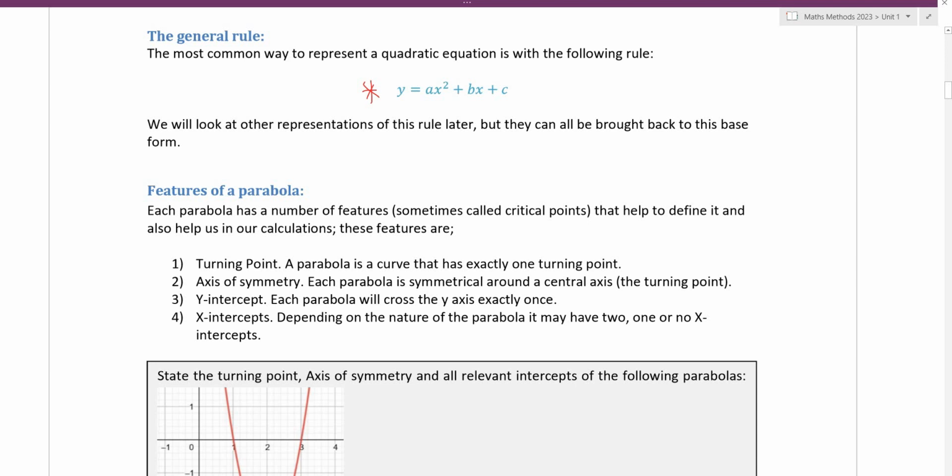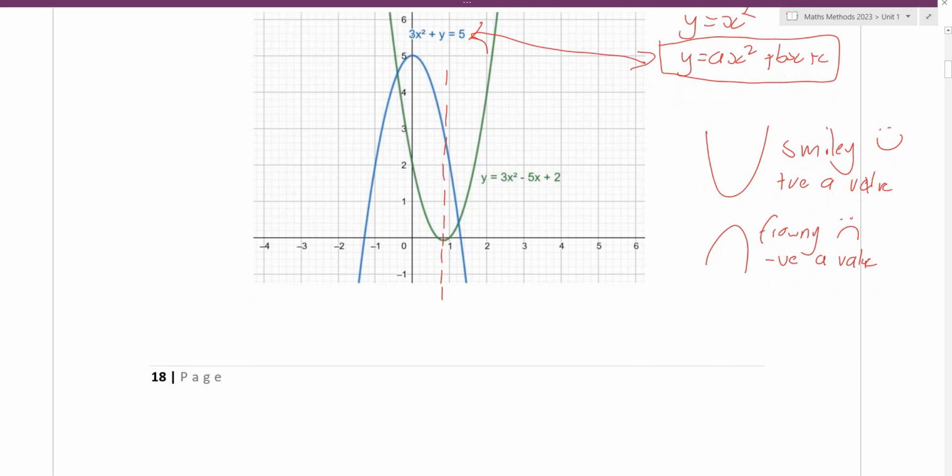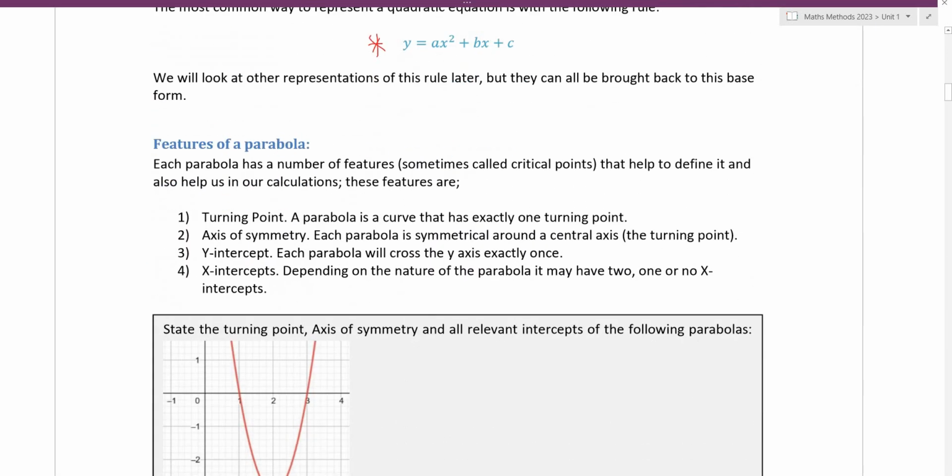If we look at this blue one, say it skirted around and touched the y-axis there and there, it wouldn't be symmetrical, but why wouldn't it be a function? What test do we have for functions that it would fail? The vertical line test. So there can only ever be one y-intercept.